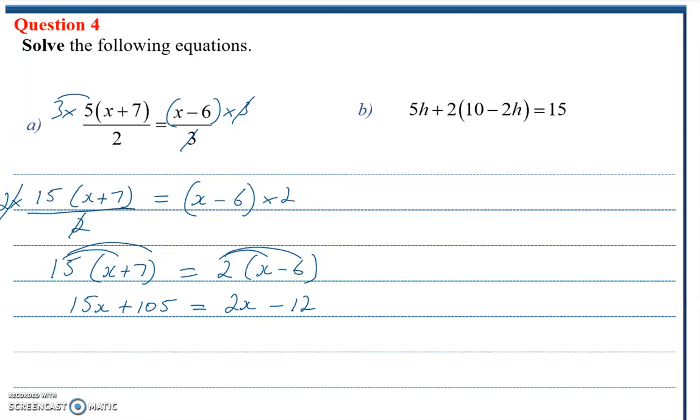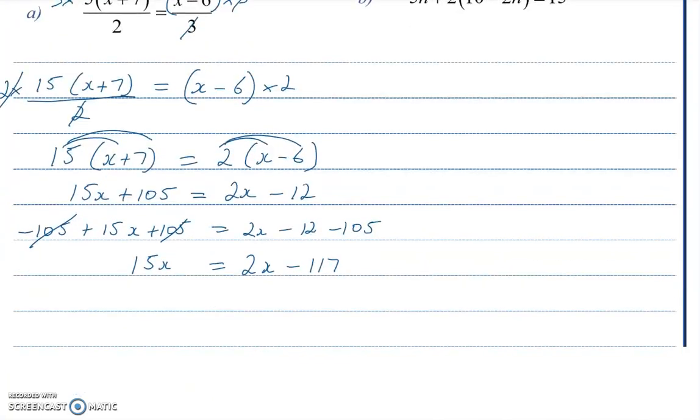We can now subtract 105 from both sides. Subtract 105 from the left-hand side, which leaves us on the left with 15x. On the right-hand side, 2x take 117. We now can subtract 2x from the right-hand side, and we can subtract 2x from the left-hand side.